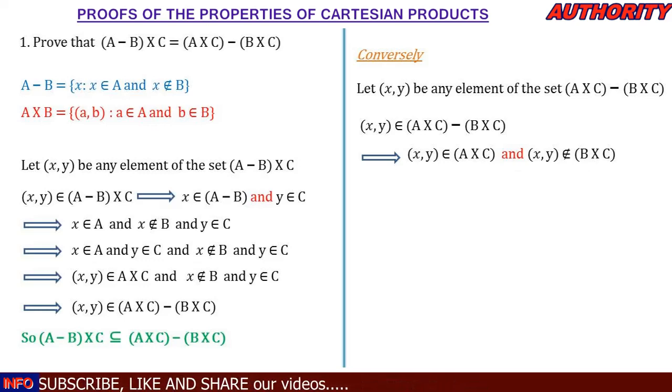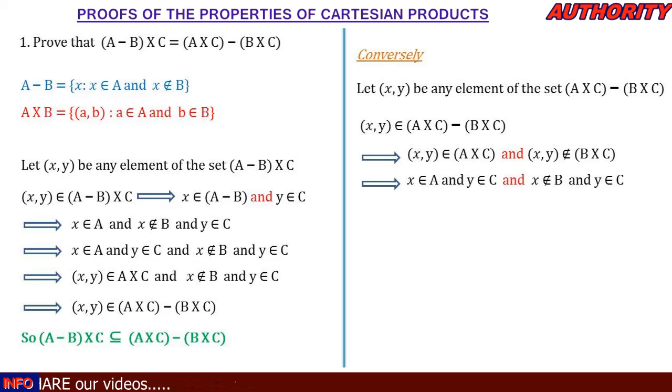So if X comma Y exists in A cross C, what does it mean? That is to say that X exists in A and Y exists in C. You get it, right? Pay attention here.